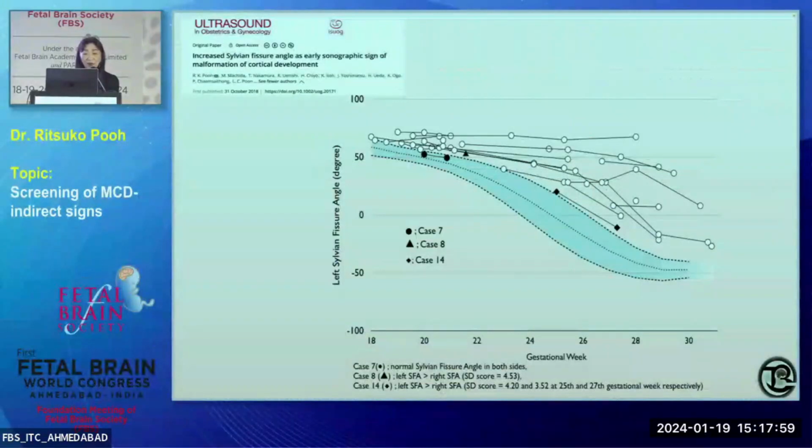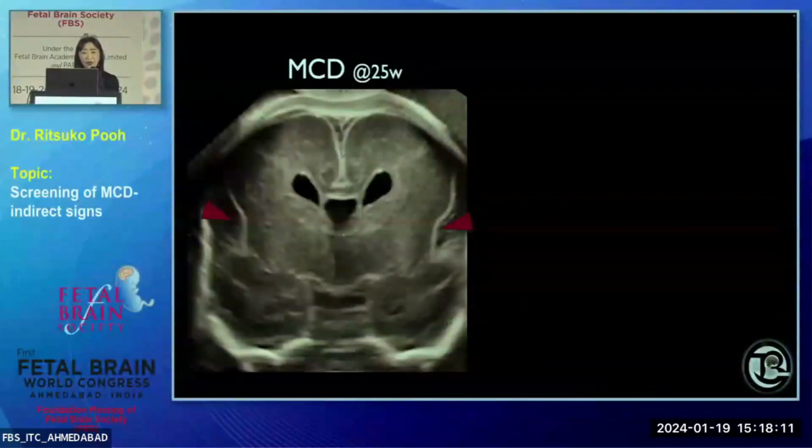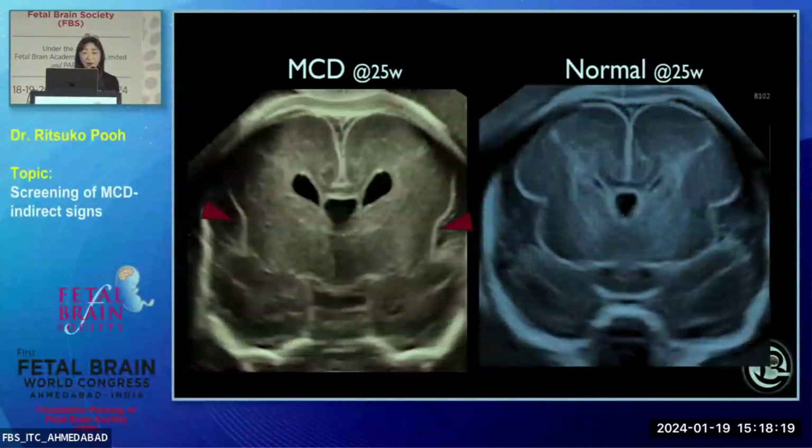And in most of the MCD cases, Sylvian fissure angles were larger than the 90th percentile of the normal reference. So now you can notice the abnormal Sylvian fissure here in the MCD cases at 25 weeks of gestation compared to the normal case.